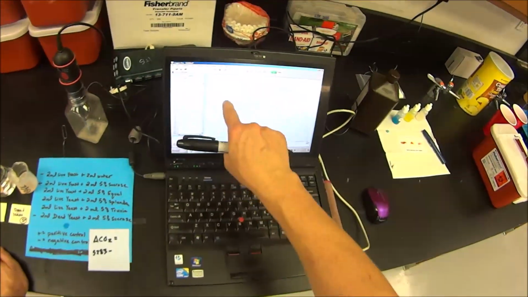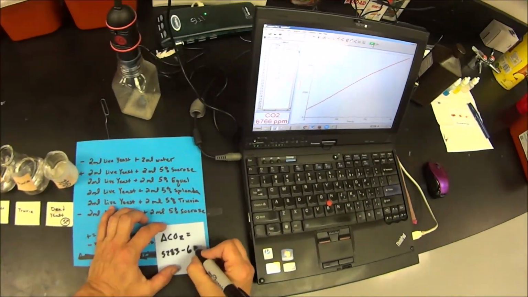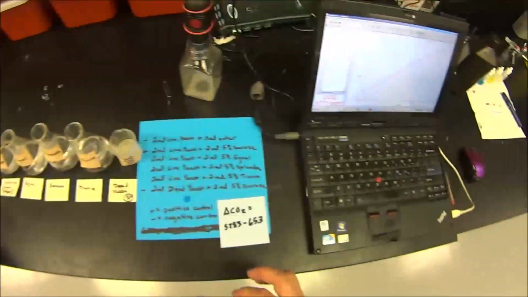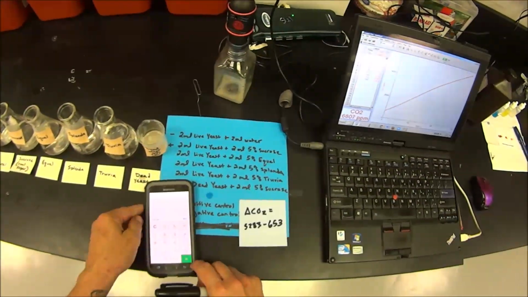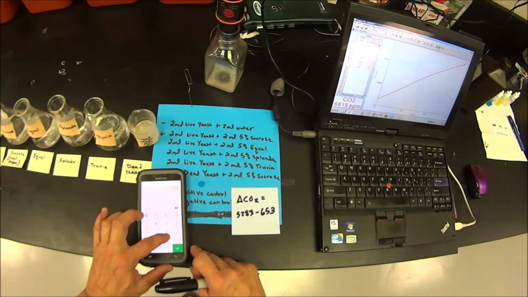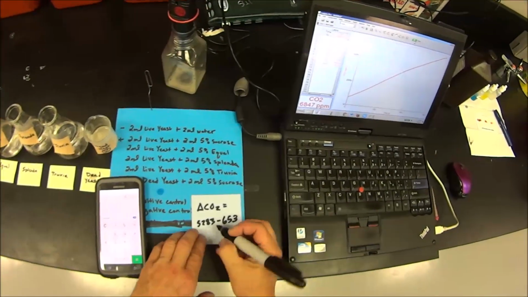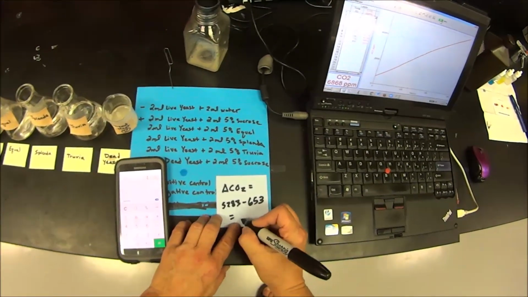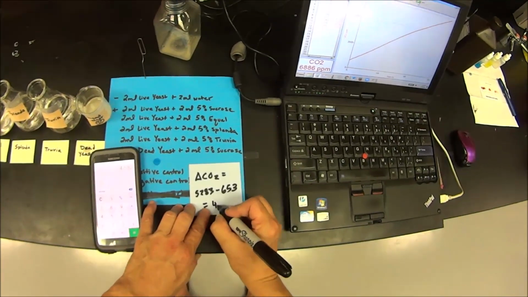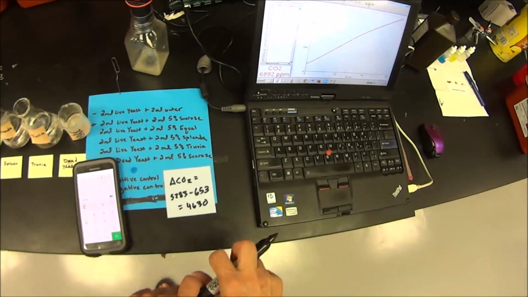My lowest CO2 reading was 653. So, go back to my calculator. 5,283 minus 653. My delta CO2 equals 4,630. Okay.